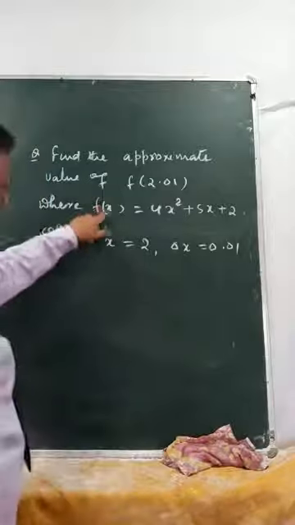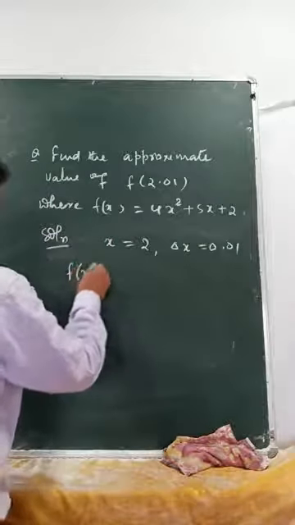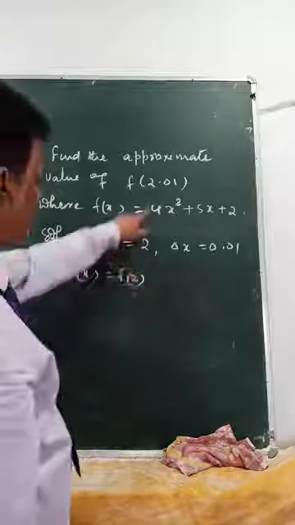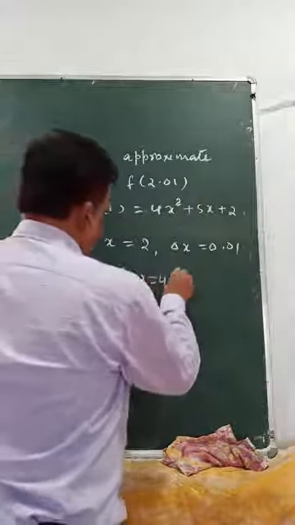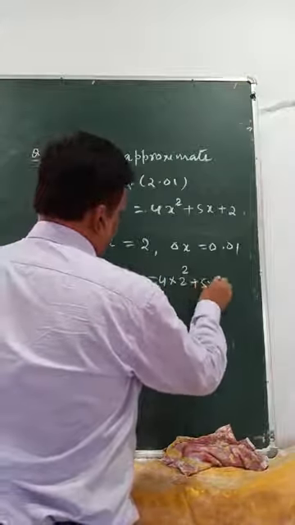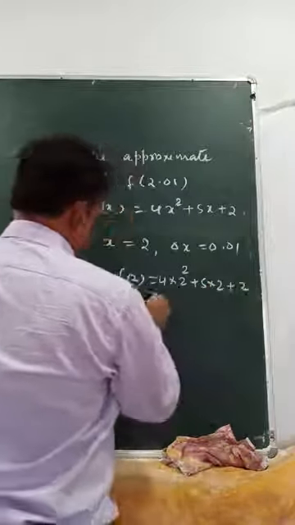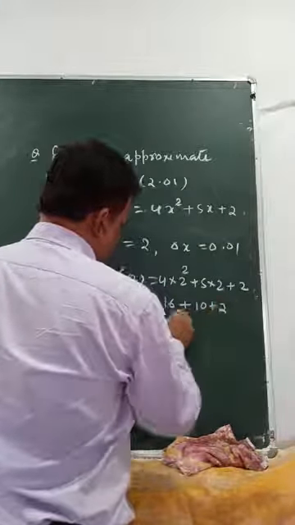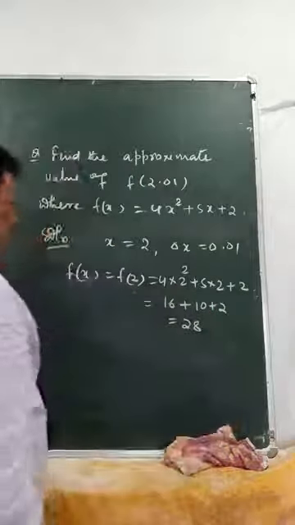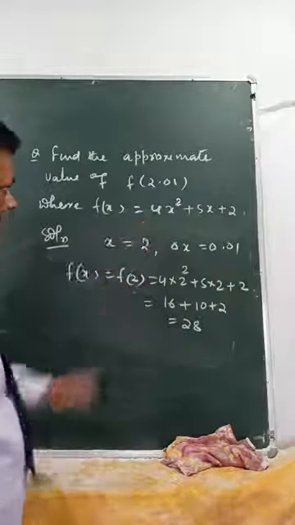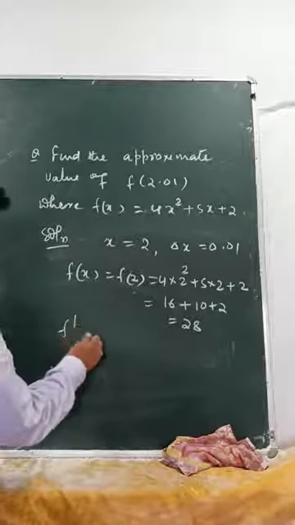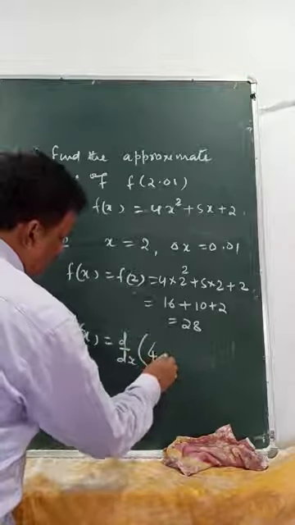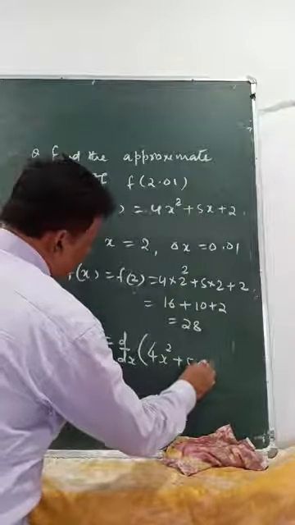Now let's find what is your f(x). f(x) means f(2), because x is 2, I'll put here 4 into 2 square plus 5 into 2 plus 2, which means 16 plus 10 plus 2, 28. What else do you need? You need your f dash x. Your f dash x equals d/dx of 4x square plus 5x plus 2.